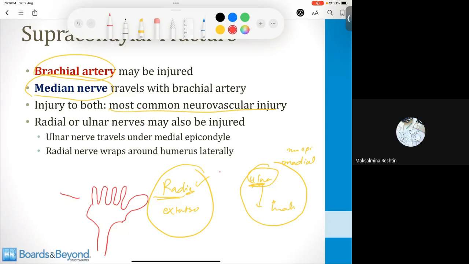At the thumb side, we have certain muscles called thenar muscles. This is your first digit, second, third, fourth, and fifth digit. The thumb is always the first digit, right?